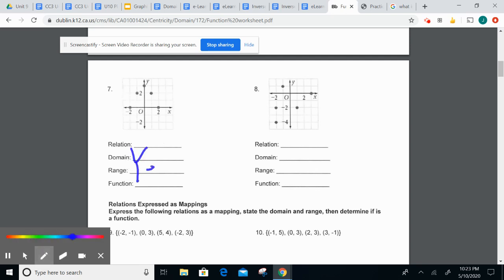Again, that's because you take a vertical line, your pencil, and just drag it straight across. If you hit more than 1 point, not a function. This is what I mean. Look, I'm going to start here, only going through a point, only going through a point, only going through a point. I'm going to switch colors because here's the problem.